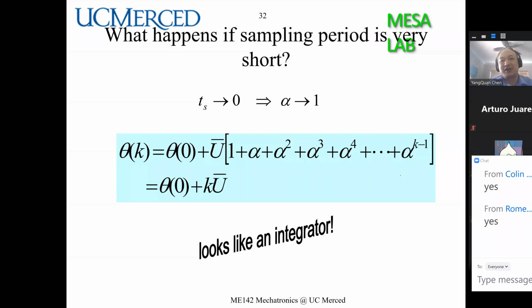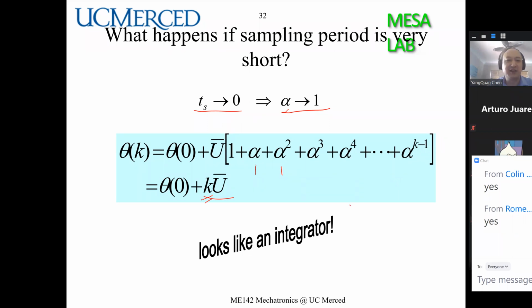Let's assume that when Ts is 0, then alpha is 1. So you just add all the control signals together. It's kind of like an integrator when the sampling period is very short, because all the terms here are 1. So it's like k, just adding them together.